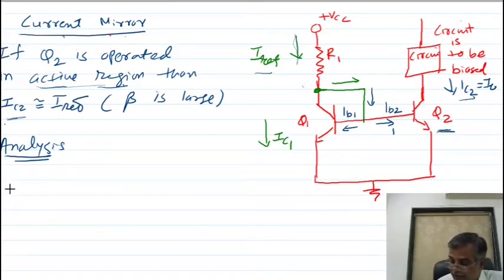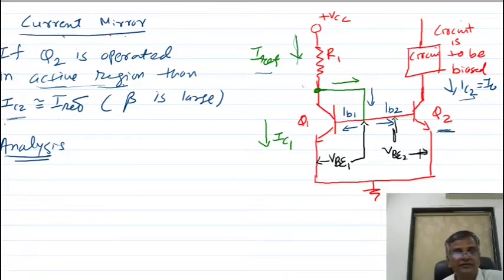Here in the analysis you can see that the emitters of both the transistors are joined, and the bases of both the transistors are joined. As a result, I can write VBE1 and VBE2 are nearly equal.